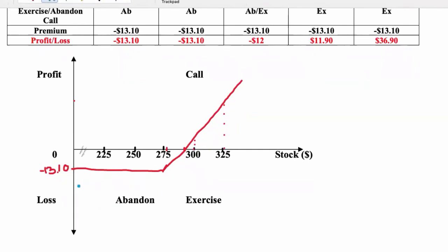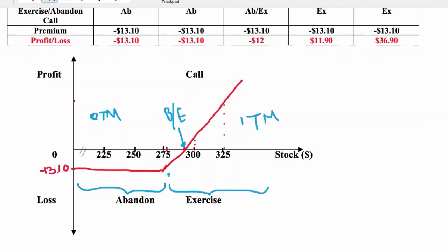So you abandon at every point below the strike. You exercise every point above the strike. You're going to be out of the money, OTM if you want to call it that. You're going to be in the money. Here, this is your break even.